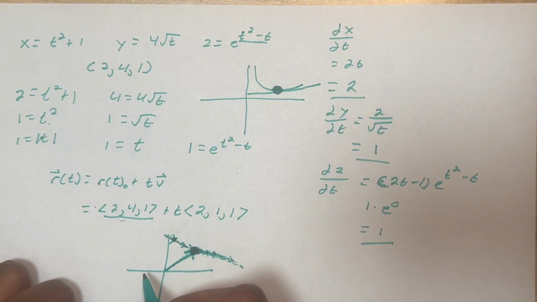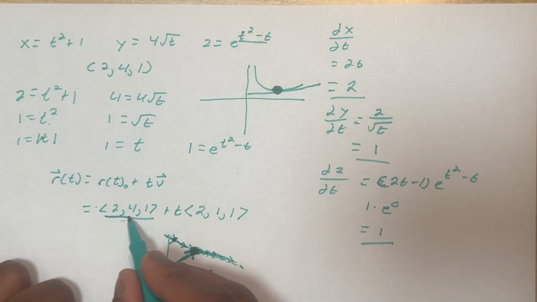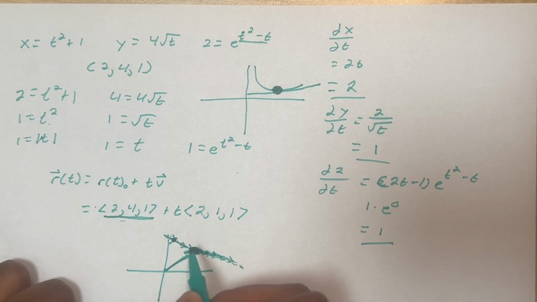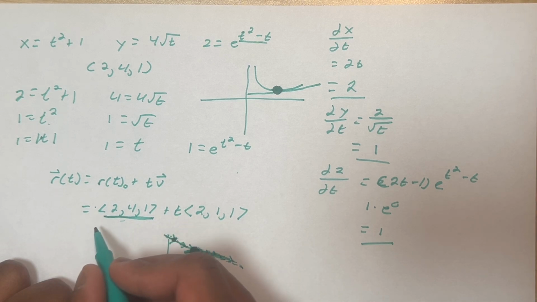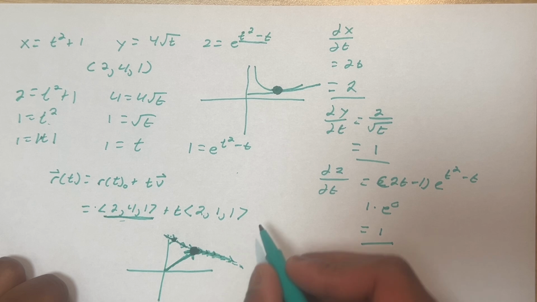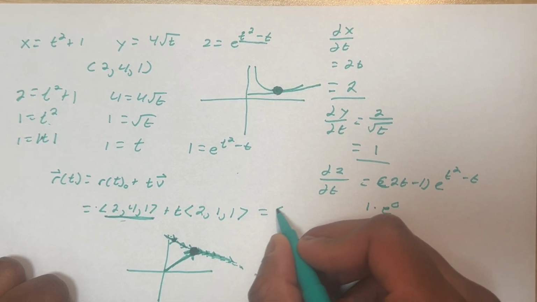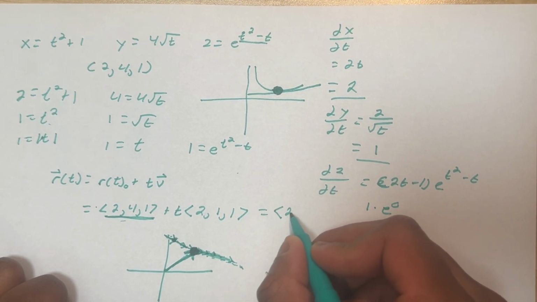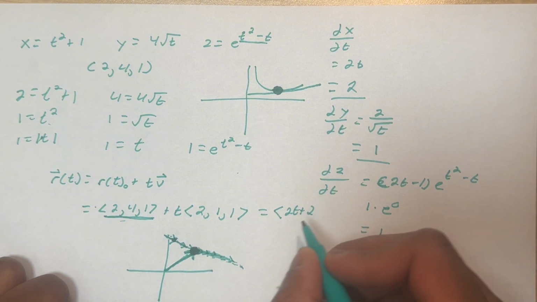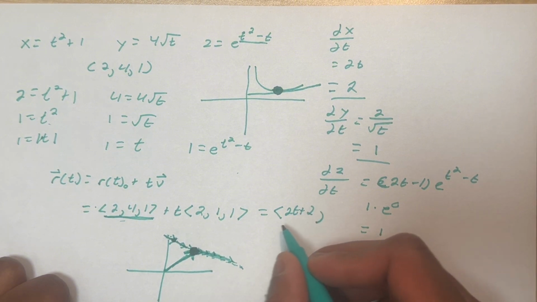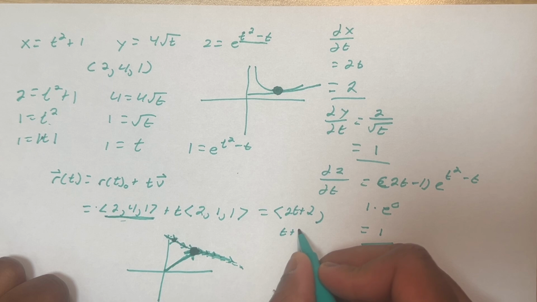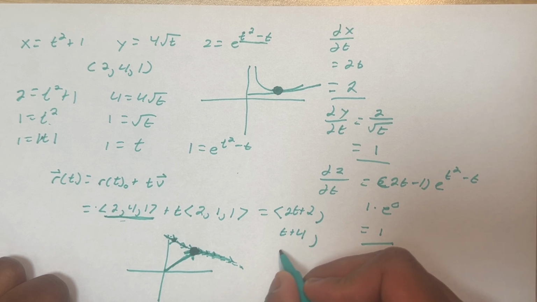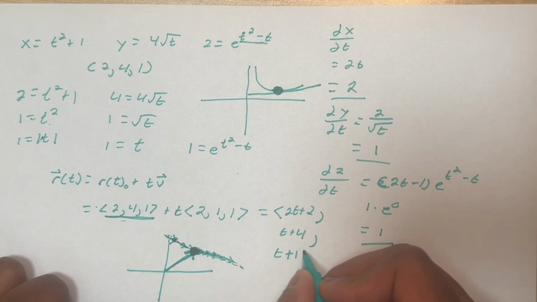When t equals 0, it just happens to be this as a coordinate, even though this is a vector, because it points here. So if we take this and put what it equals, we have 2t plus 2, t plus 4, and t plus 1.